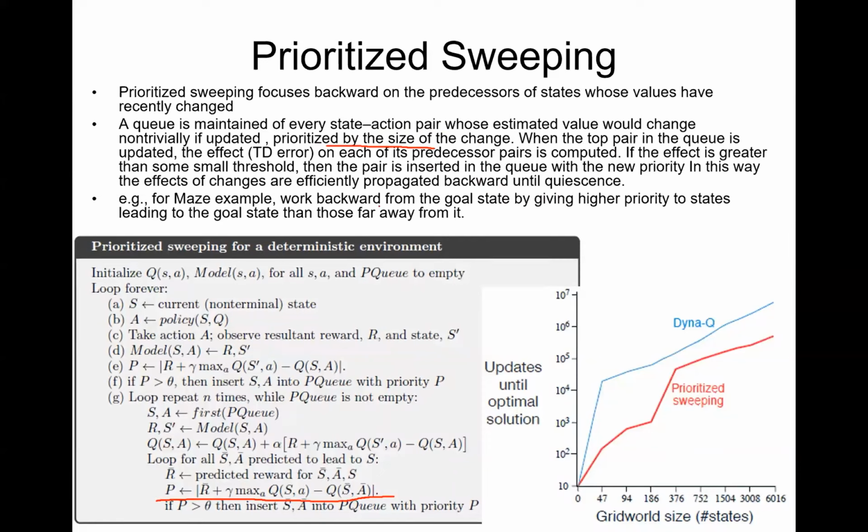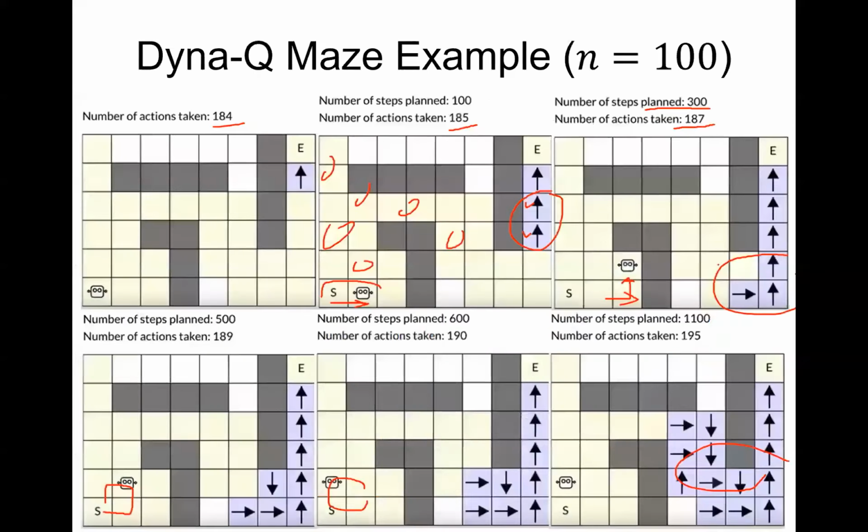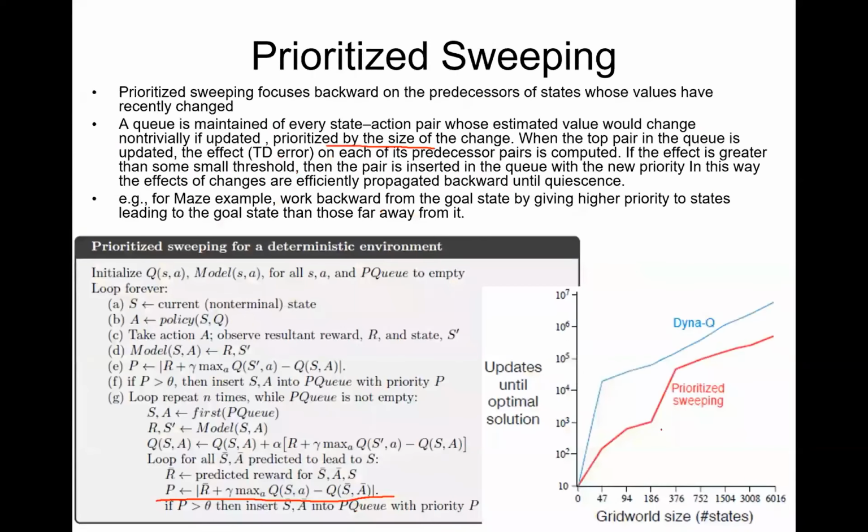So for the maze example, you work backward from the goal state by giving higher priority to states leading to the goal state than those far away from it. That is, you try to prioritize these states over these states. So based on prioritized sweeping, you can get more efficient learning.